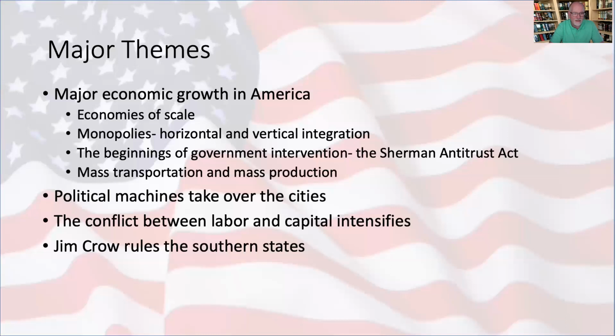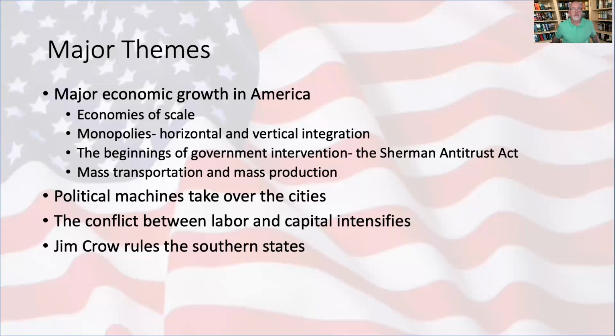Along with this, of course, as these centers of production and manufacture grow, they cause an increase in cities. And of course, inevitably, politicians follow. This is the era of the political machines that rule the larger cities, and again, form basically a political monopoly in these cities, where they control public positions, because at this time, government jobs were very much handed out by the party bosses.